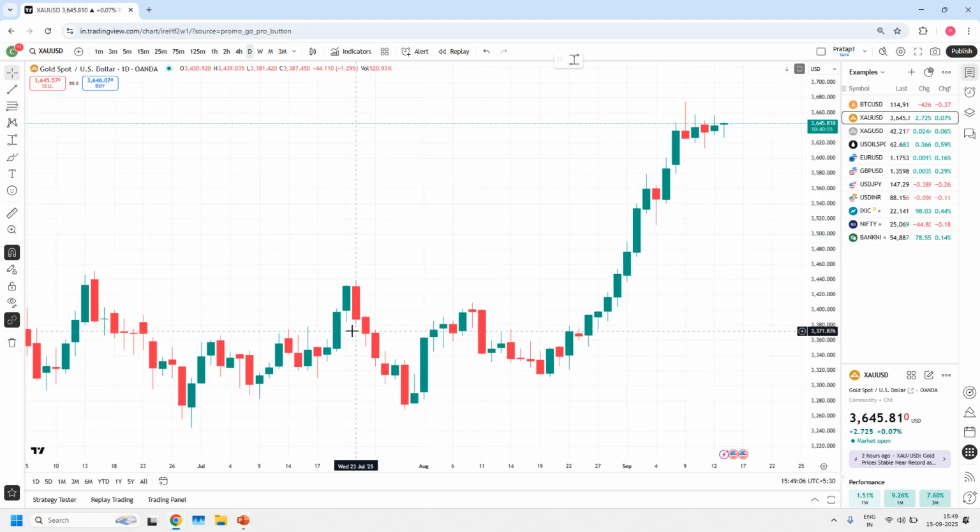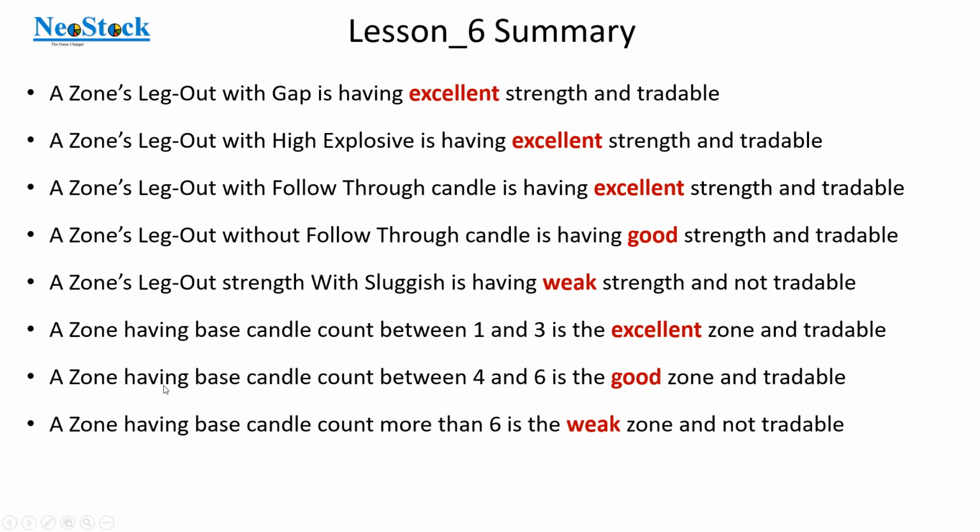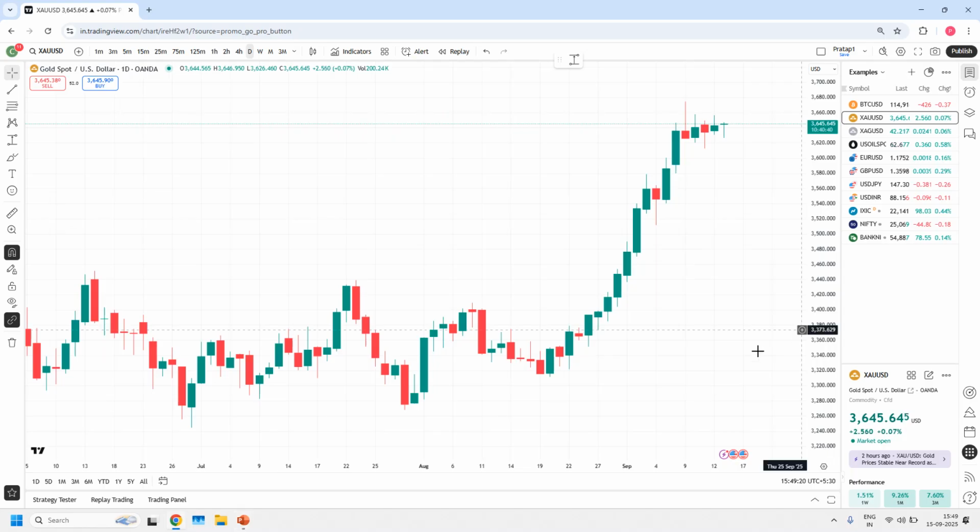Based on this, what about base candles? You have only one base candle. What is that? A zone having a base candle count between one candle and three candles is the excellent zone and it is a tradable zone. That means base candle count is excellent, and the zone strength is good. So it's a good combination, right?